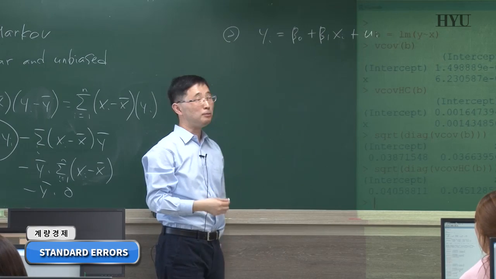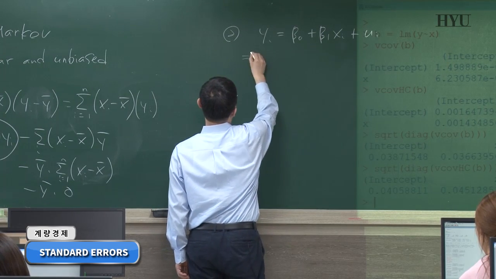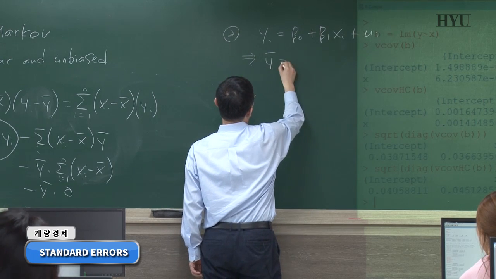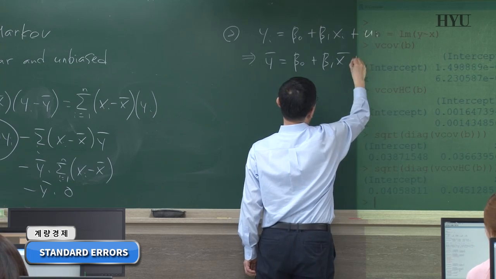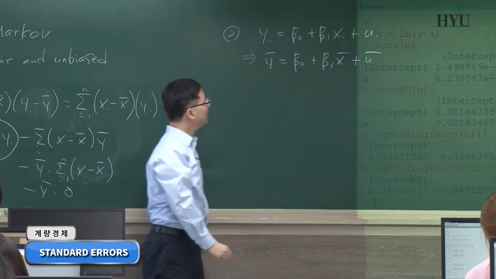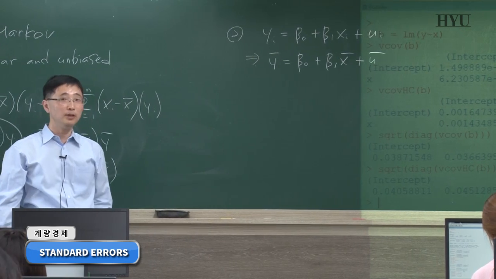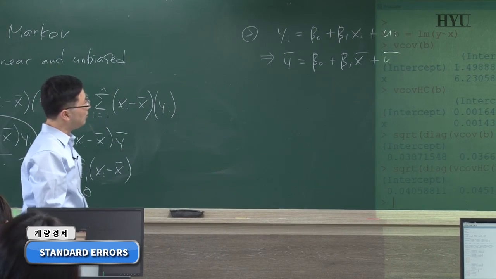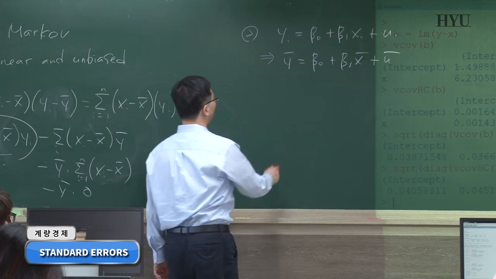Now this is the regression model, and we believe it. From this, we can show that, where y bar is the sample mean of yi's, x bar is the sample mean of xi's, u bar is the sample mean of ui's. This is the second claim. Why?